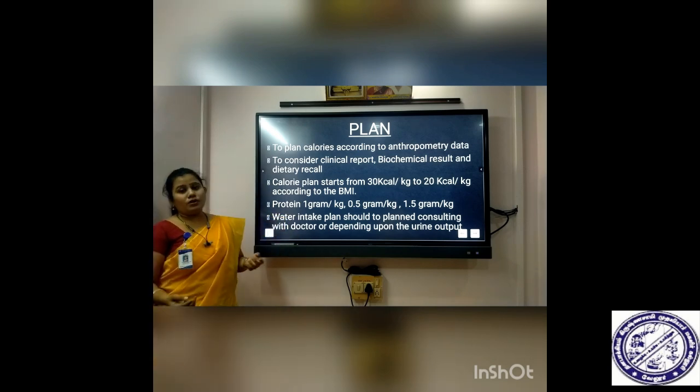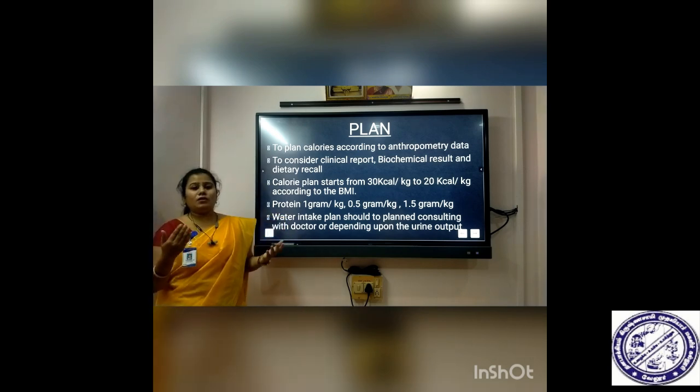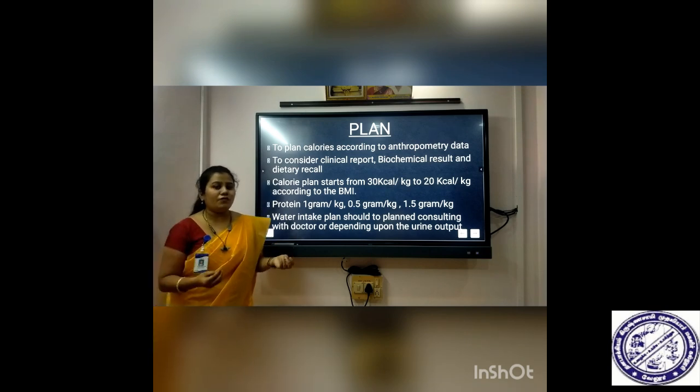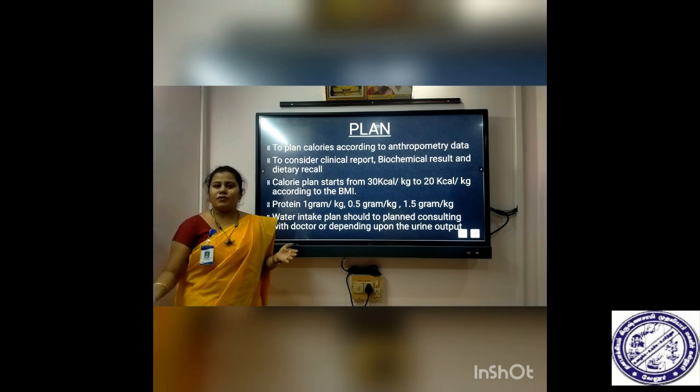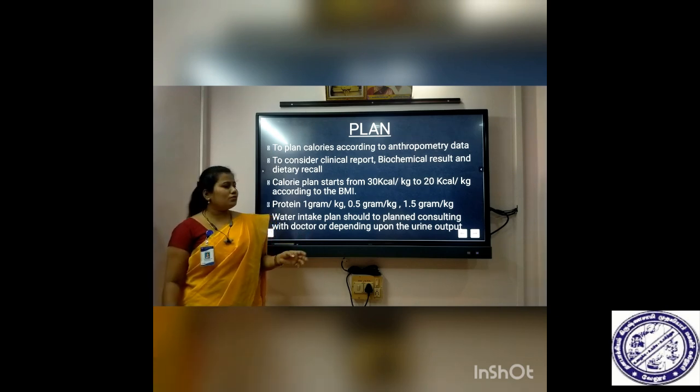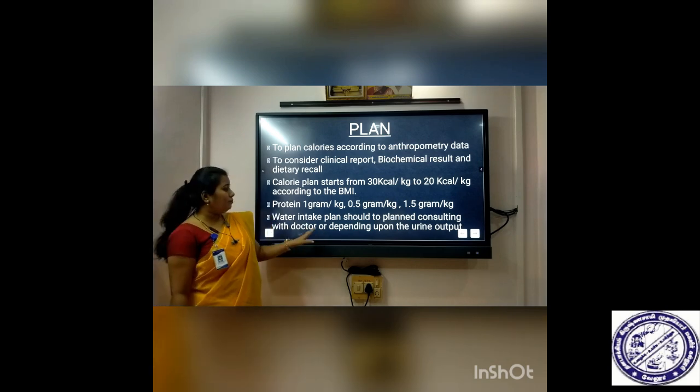And the next is protein. Some patients might have renal dysfunction, so the doctor might suggest a lower protein level, and we can go for 0.5 grams per kg. On a normal basis, if the person is very normal and has no background of any protein-related problems, we can give 1 gram per kg.